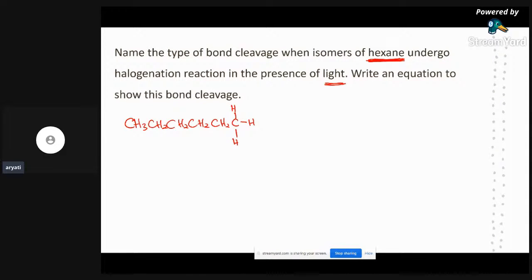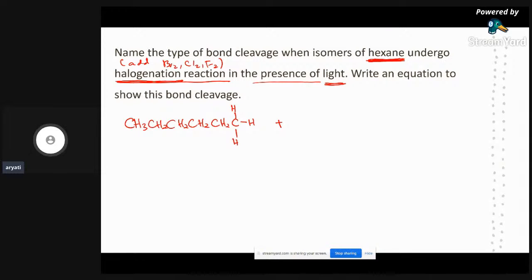Okay. It reacts in halogenation. Halogenation reaction is a reaction that adds halogen, adding bromine, chlorine, fluorine in the presence of light. So this one.